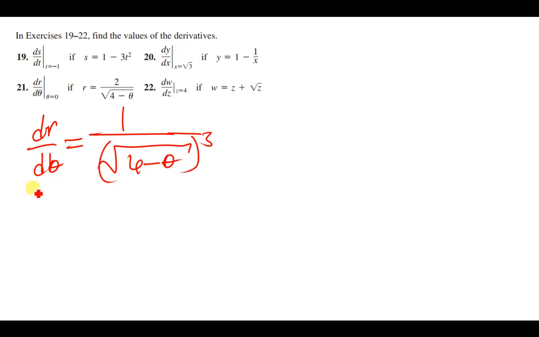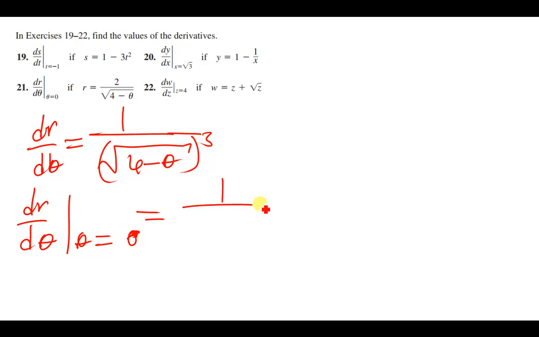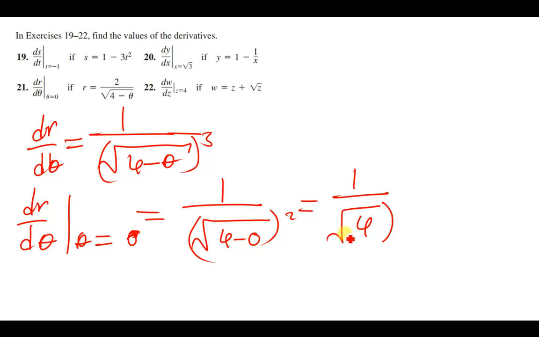So to find the r d theta at the point where theta is equal to 0, we replace theta with 0. So we have 1 over the square root of 4 minus 0, then everything raised to the power 3. This is the same as 1 over the square root of 4, then everything raised to the power 3, because 4 minus 0 is still 4.